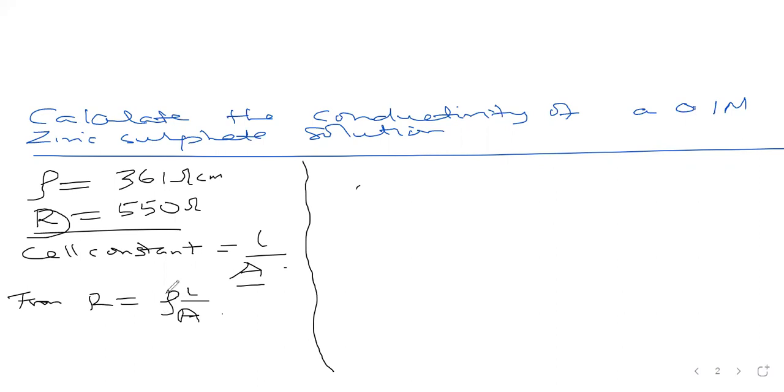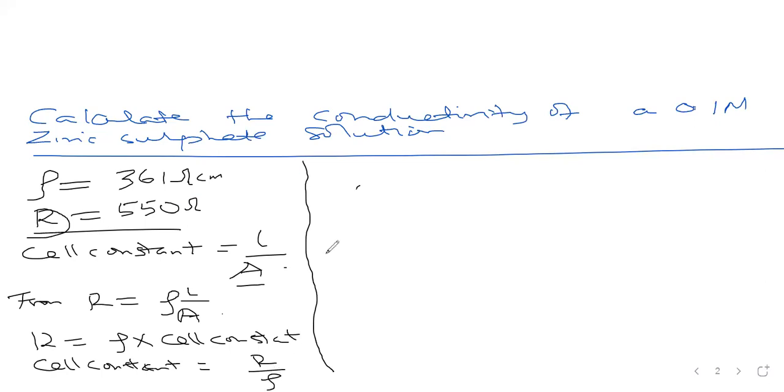That's the only way we can bring in the cell constant. So if we want the cell constant, we shall say resistance is equal to resistivity times the cell constant. This implies that the cell constant is resistance over resistivity.